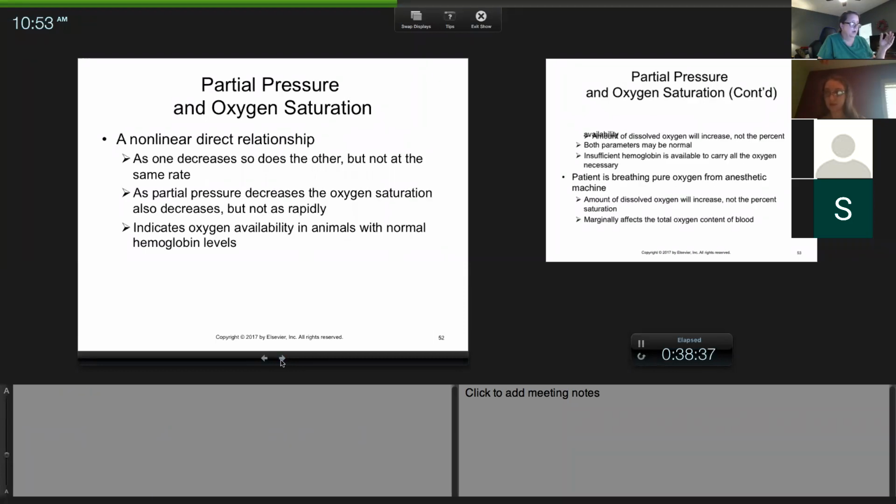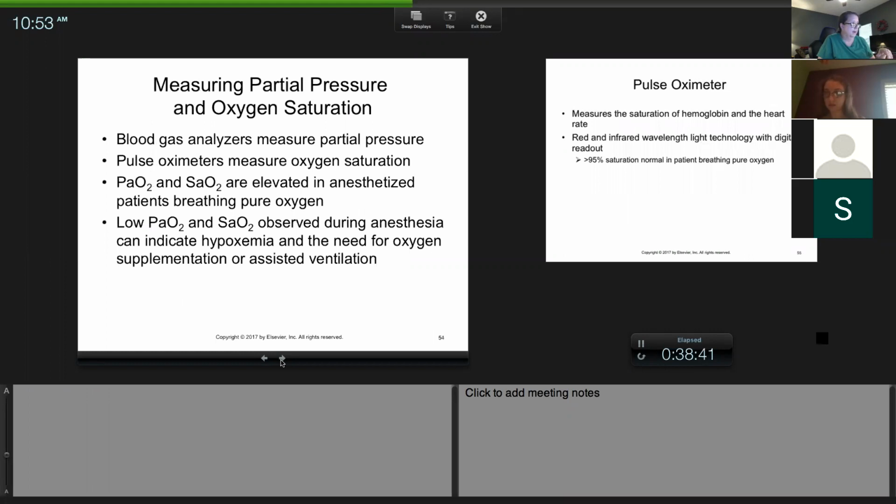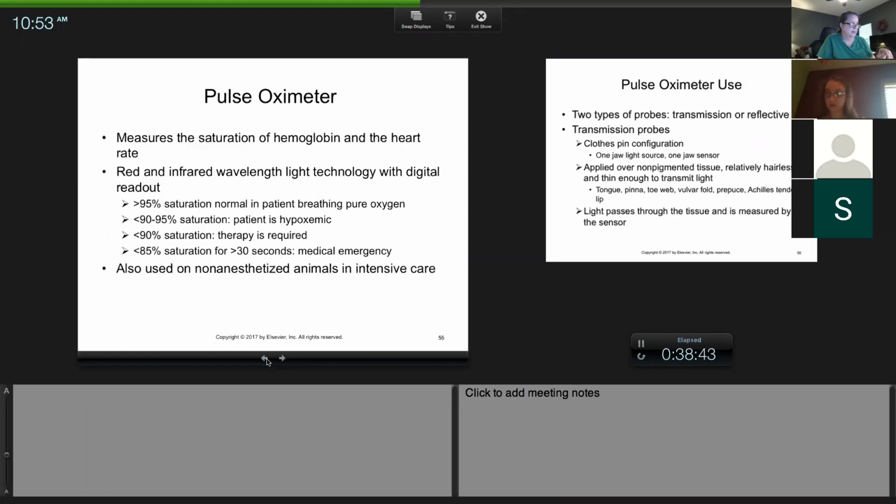Most of the time though, you guys, let me skip ahead, it's the pulse oximeter. You guys are going to get an SpO2. If you see the P, that comes from pulse. So SpO2 is a pulse oximeter, which is an estimation of oxygen bound to hemoglobin.